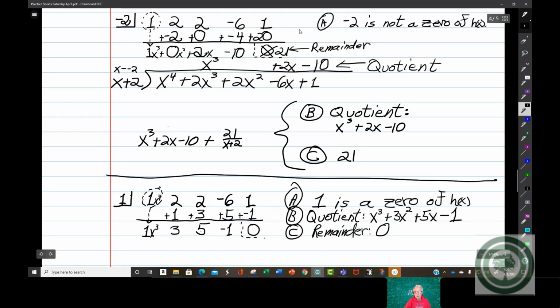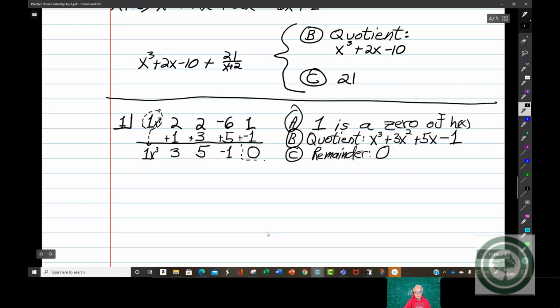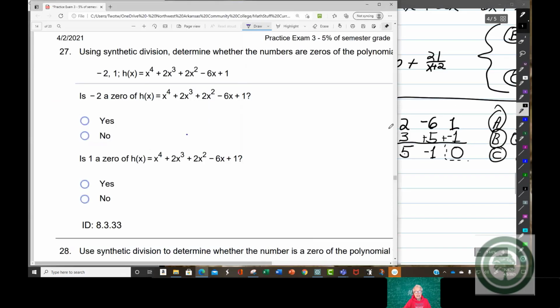And what if you don't? What if you plugged in the wrong number? This is just so much easier and straightforward. So we have just found out by using synthetic division that -2 is not a 0 of h of x, but 1 is a 0 of h of x. Yay for us!